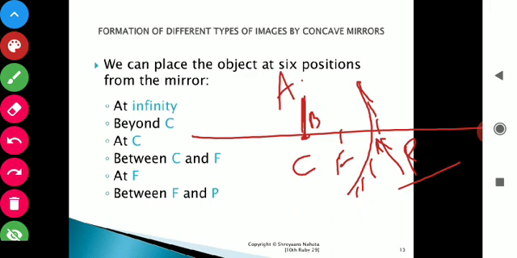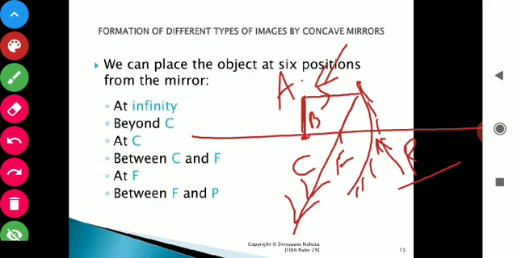According to the first rule, any line which is parallel to the principal axis, after striking the mirror, will reflect back through the focus. So this is the reflected light and this is the incident light.